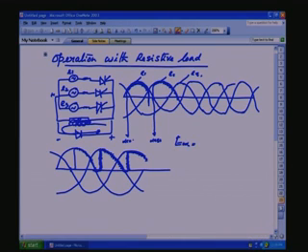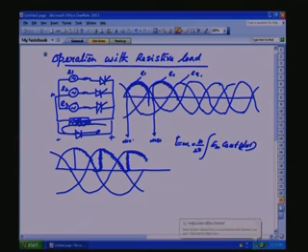Again, for a general m phase, it will be m by 2 pi integral, with lower and upper limits depending on whether you are taking sin omega t or cos omega t. So, let us take Em, the maximum value of the phase voltage, and cos omega t d omega t. That means we are finding the area in a period and dividing by the period, that will give the average value, that will give the DC value.